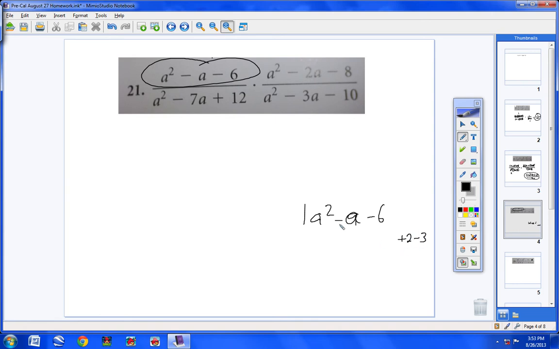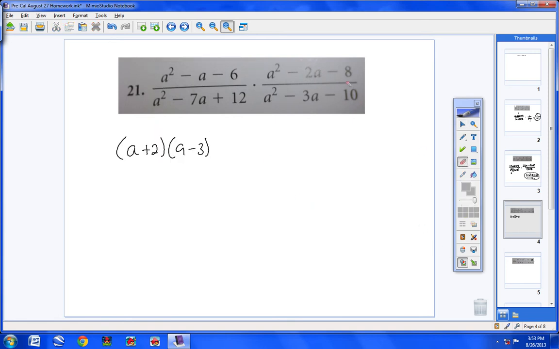And if you combine those, you'll get a negative 1, which is your middle term. So we're dealing with a plus 2, a minus 3. Okay? Let's highlight that, and let's drag that over here. And there, we have factored the numerator.